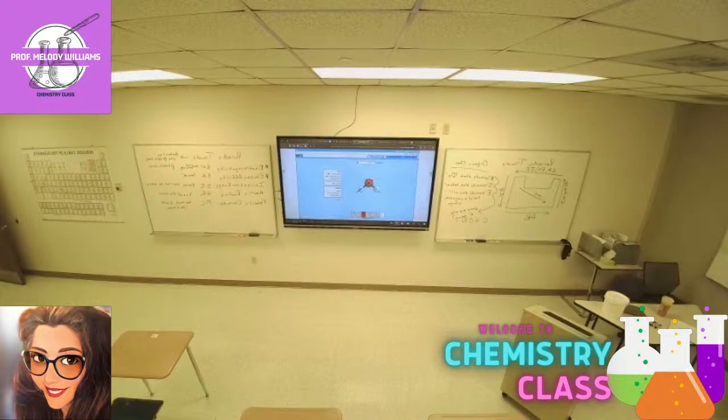Right? The shape of the molecule plays a role in polarity. So if it's straight across, it's non-polar. If it's bent shape, it's polar in that case.